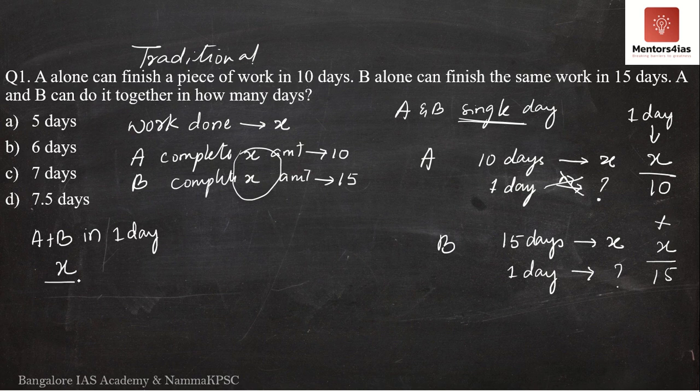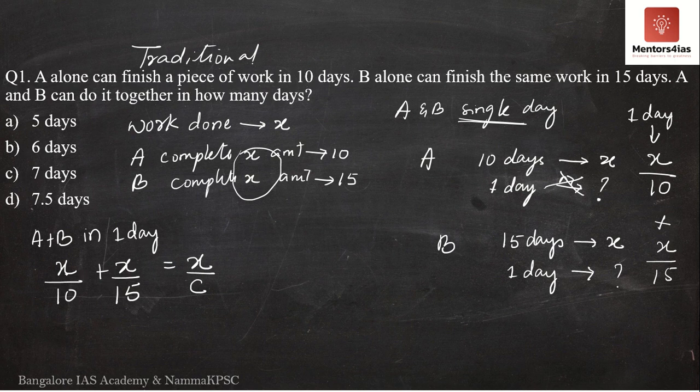So C will be the number of days taken by both A and B working together. When I add X by 10 plus X by 15, I should get X by C.